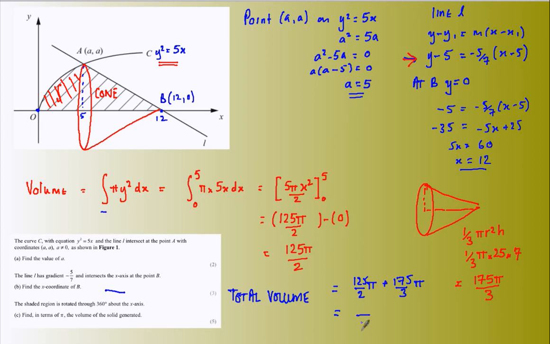Put them all over 6. And my grand total, which I shall squeeze in down here, looks to be 725 over 6 multiplied by pi, and there's my final volume done.